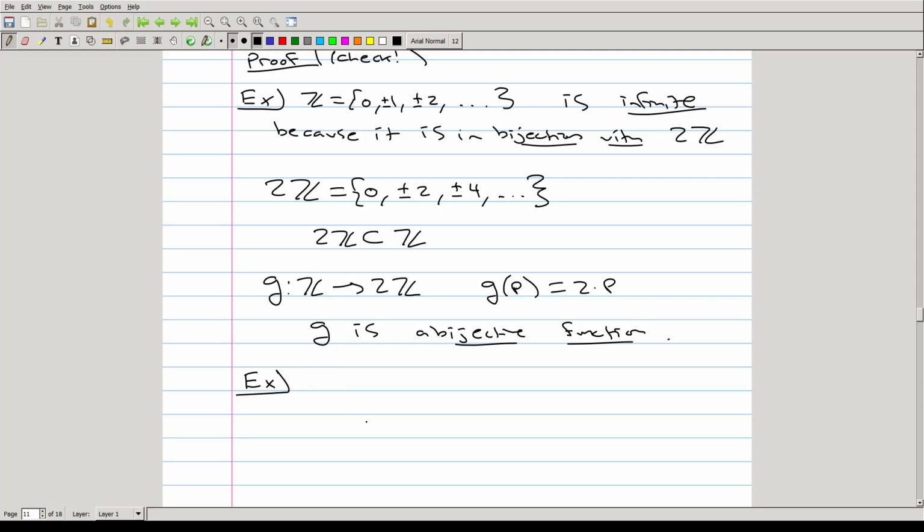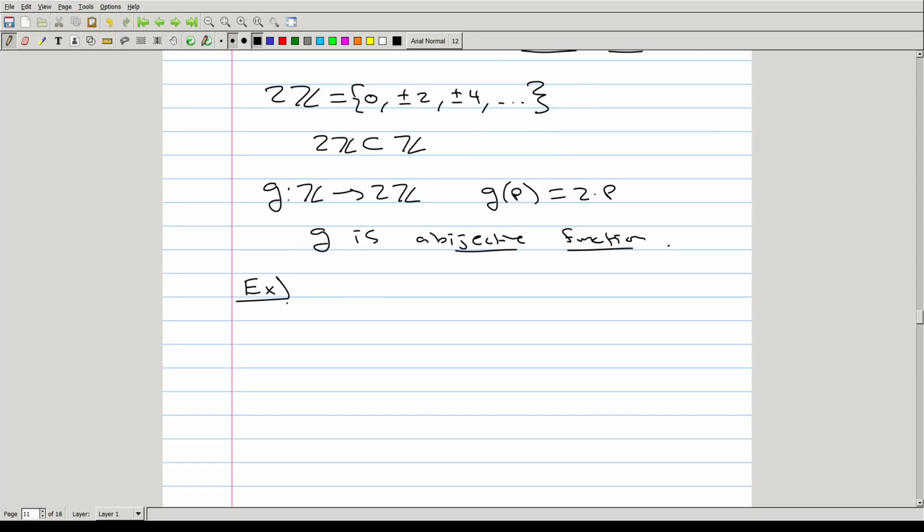For an uncountable example, and we'll prove why the real numbers are uncountable in this lecture, take the open interval of real numbers from 0 to 1, so this is the real number line, all real numbers from 0 to 1.